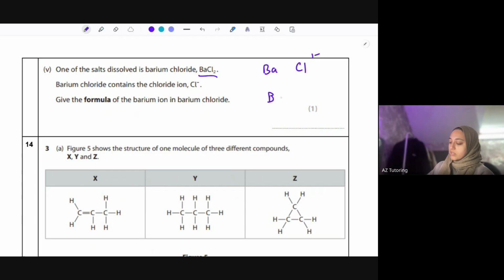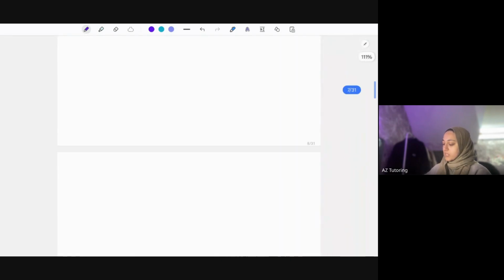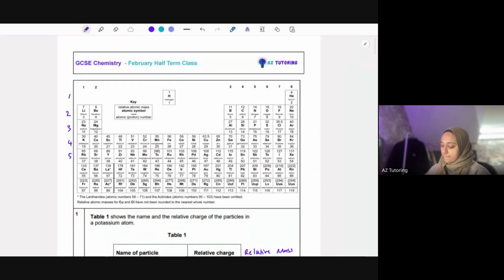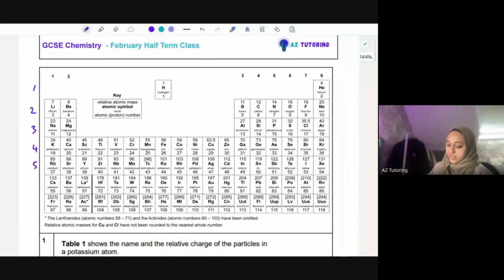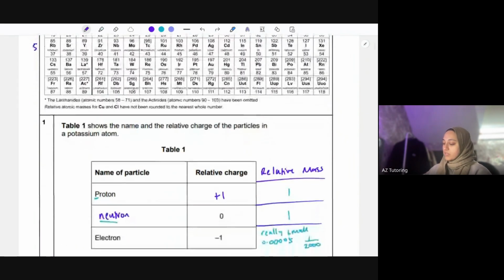And if you cross it over, so barium chloride, the 1 has dropped here, and we could see there's a 2 here, so we're just working backwards. So that must mean that this must be 2 plus, so it's barium 2 plus. So that's how you work it out. If you look at the periodic table as well, barium, where's barium? Barium is in group 2, it's here, so it is a 2 plus ion anyway, if you just wanted to work it out from the periodic table, rather than working it out that way.